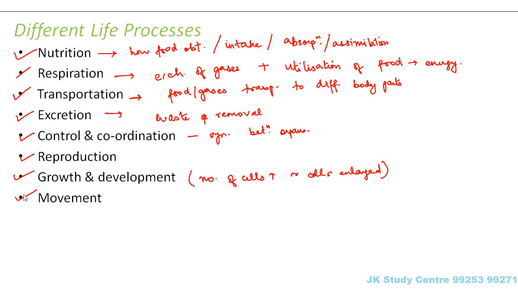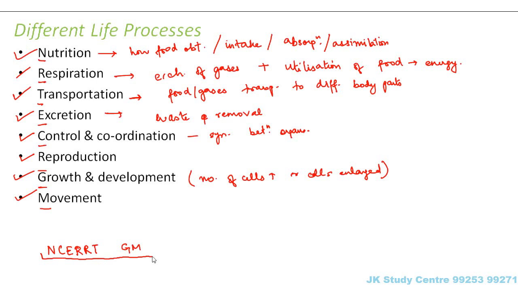Now if you want to remember the different life processes so that you do not forget the important ones, you can just take down the first letter of all of these life processes. So you see, what do you get? NCRT. NCRT is something which all of you know, right? NCERT GM.